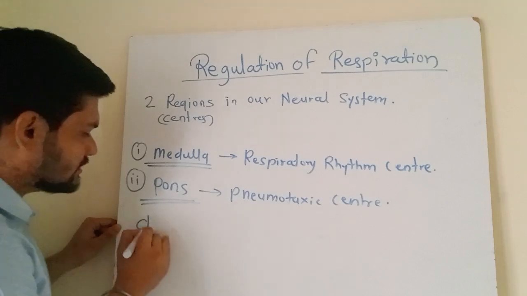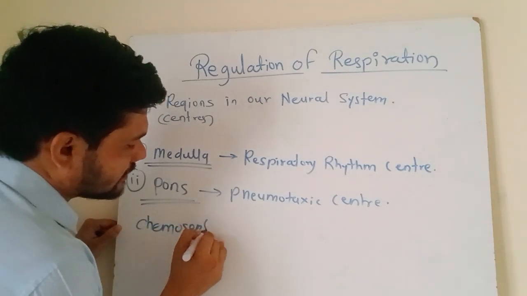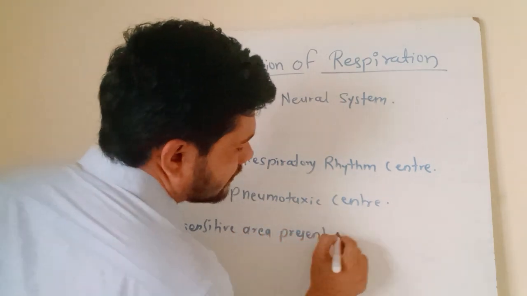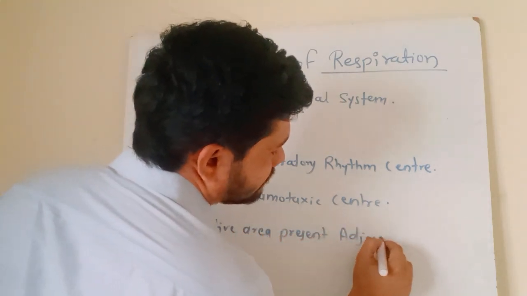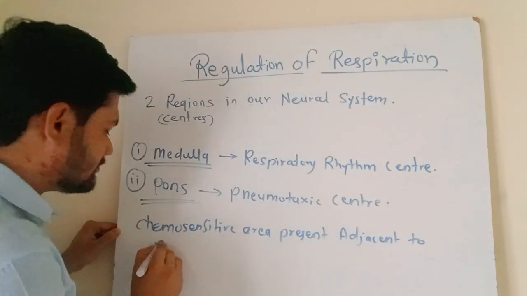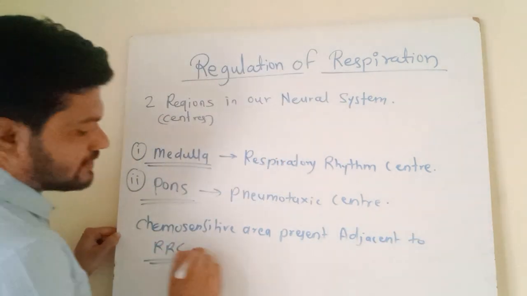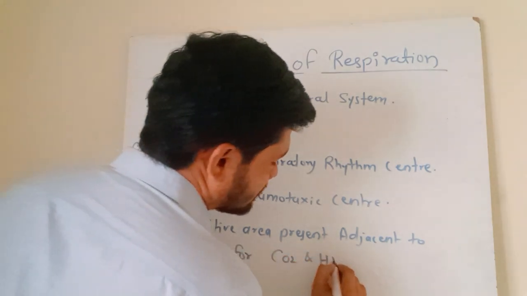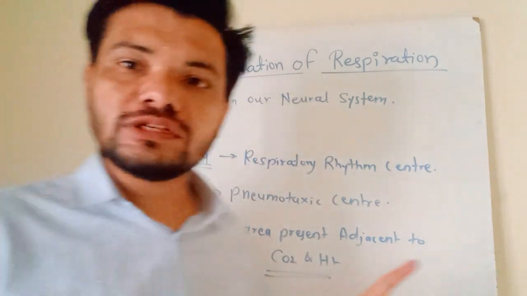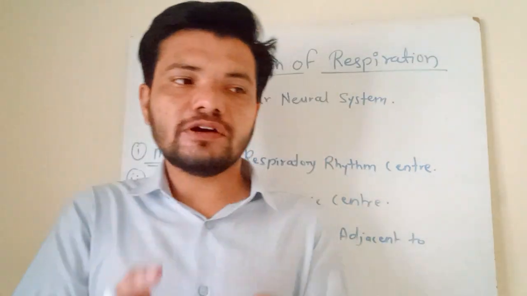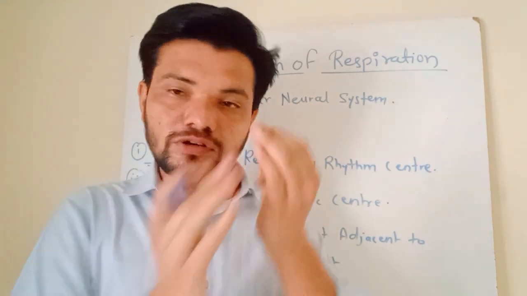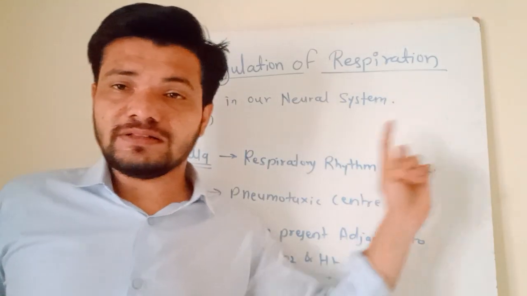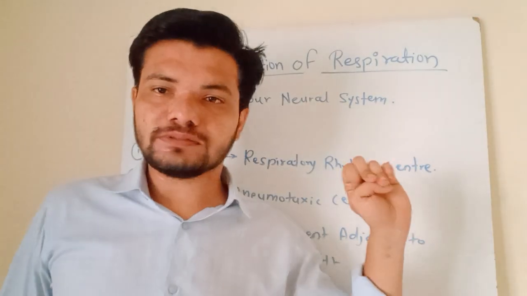So whenever CO2 concentration goes to a higher side, whenever CO2 is produced more inside your cells, it will signal the respiratory rhythm center, and the respiratory rhythm center will make the necessary adjustments.